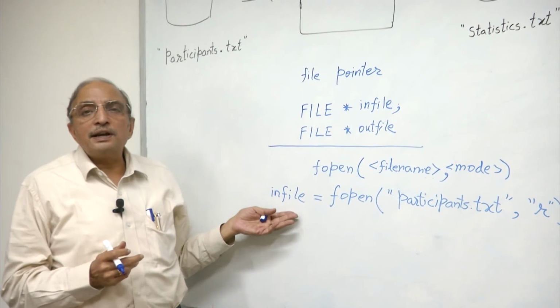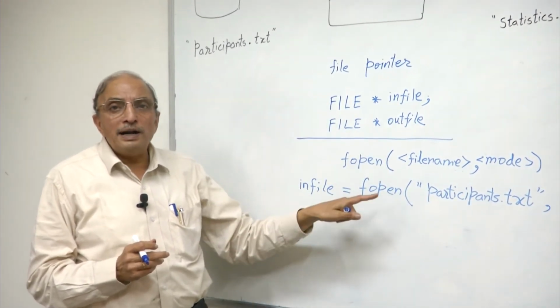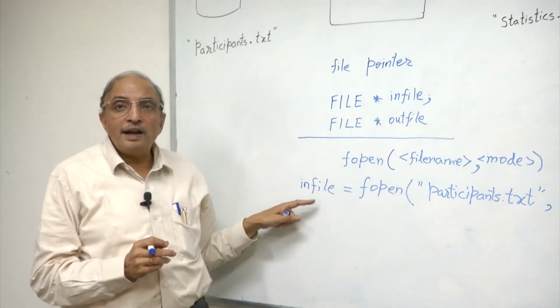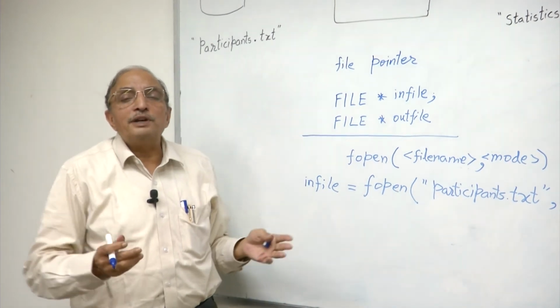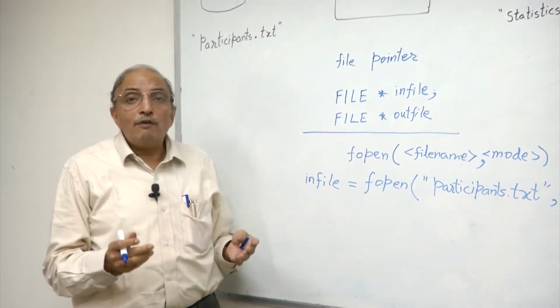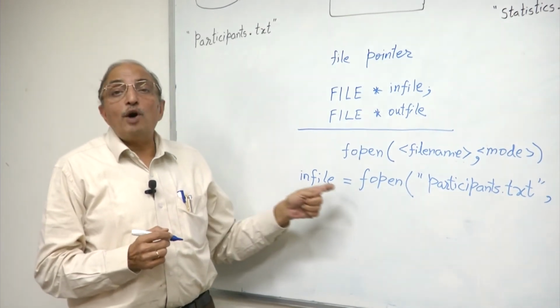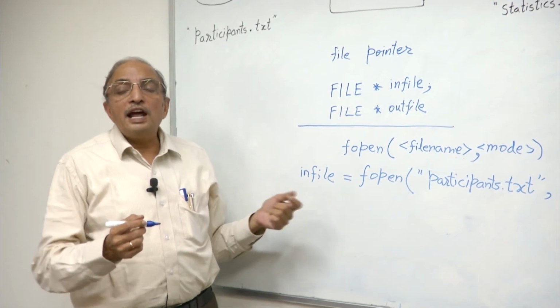The simple answer by C++ is, in case the file can be correctly opened, a valid pointer is associated to infile. In case fopen is unable to locate the file or for some reason not able to open it for your operations, it will return a null pointer. That means infile will be a null pointer.